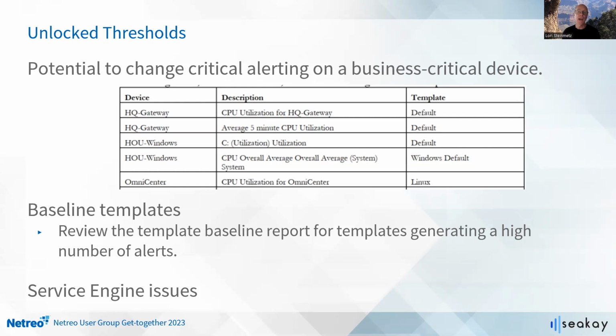You may want to change that for the site, or you may want to change the template so that it's not generating all of these alerts based on high bandwidth utilization. We're also looking at service engines and what's going on with them.